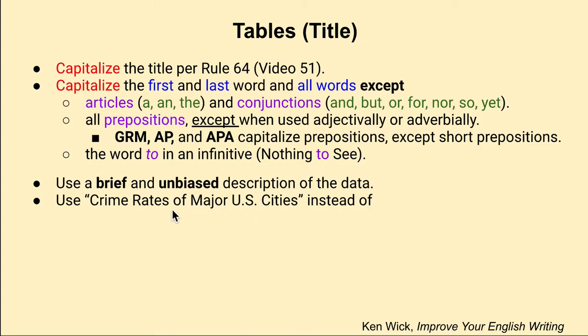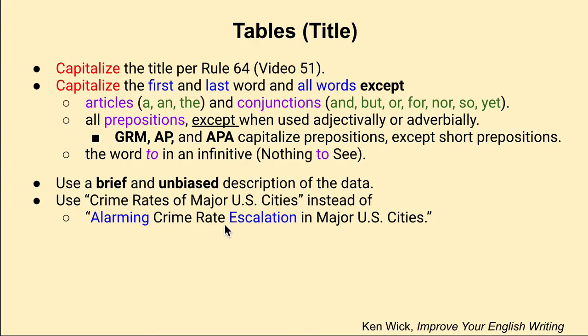It just says crime rates in major U.S. cities, because the alternative, "Alarming Crime Rate Escalation in U.S. Cities," is definitely not short, or it could be shorter. And the words "alarming" and "escalation" show the bias of the table. So you want a brief and unbiased description of the data. Basically, let the reader reach their own conclusions about the data.